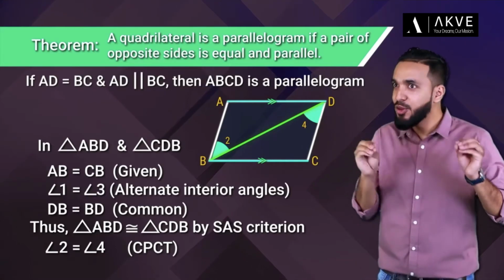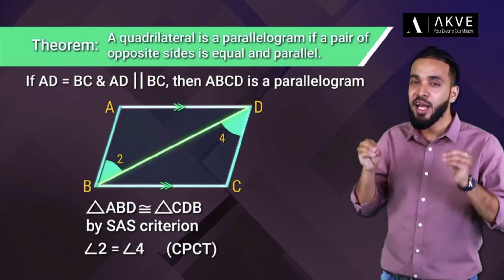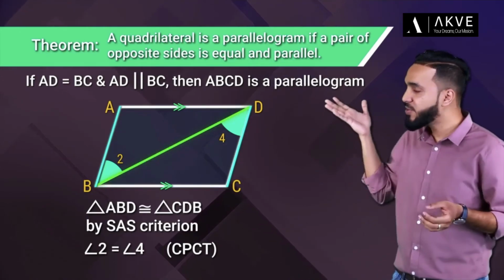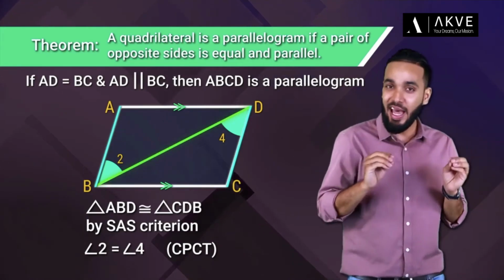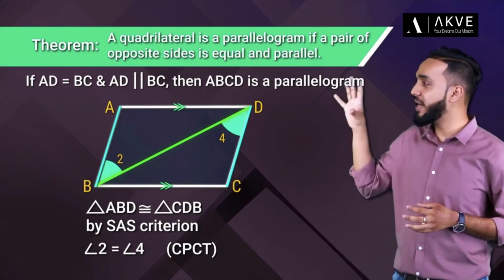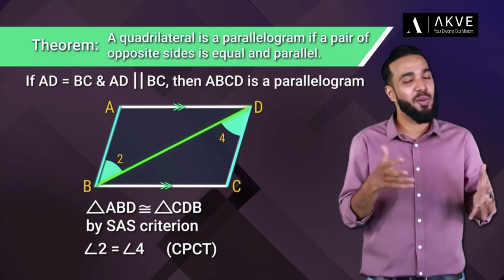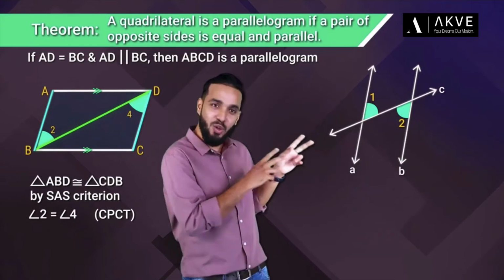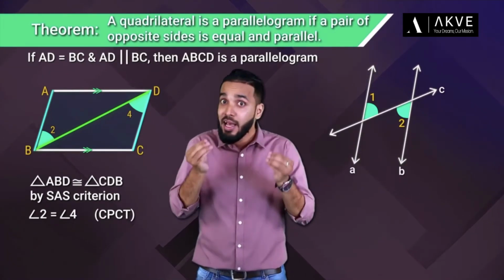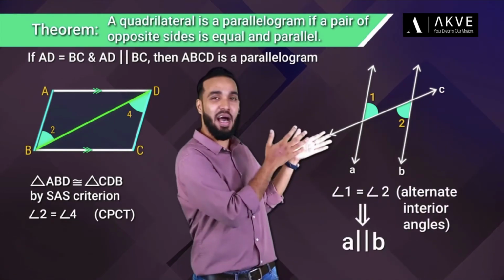Now, if you look closely, you will be able to see that this diagonal actually acts as a transversal between these two sides. And these two angles form a pair of alternate interior angles. Now, we recalled a theorem a while earlier which reminded us that if two lines are cut by a transversal and the alternate interior angles are equal, then the lines are parallel.